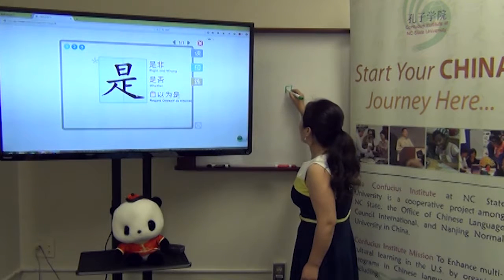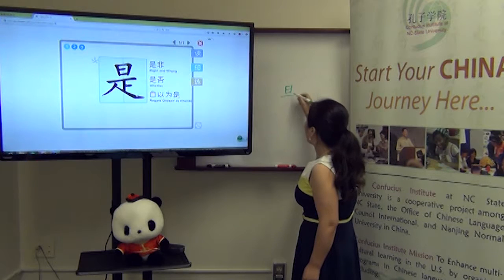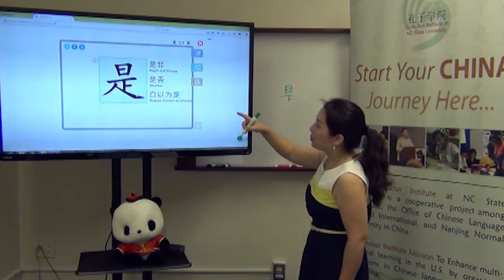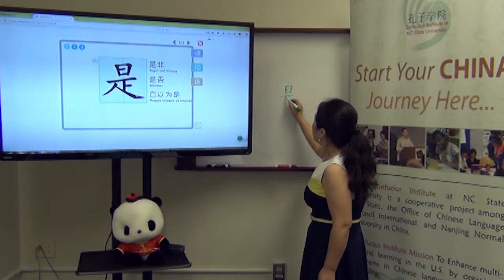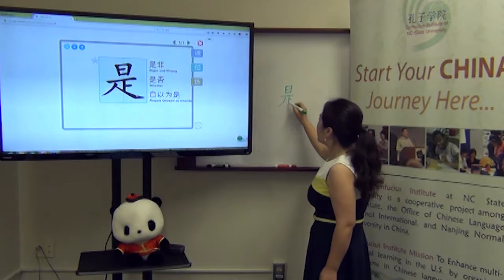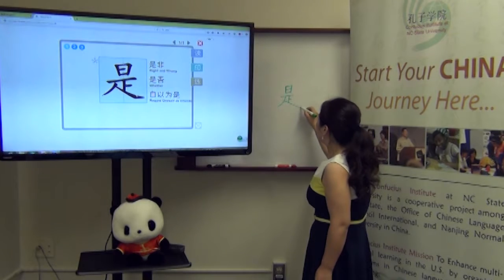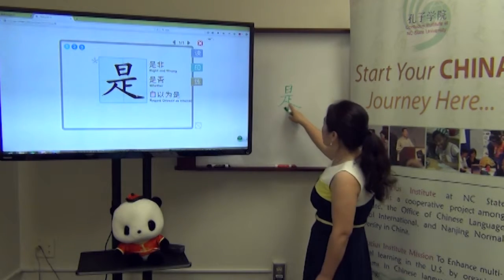This part is correct, no problem, and then we have 横, and then 竖横. Then it should start here, a touch, and then here is a touch. Got it?